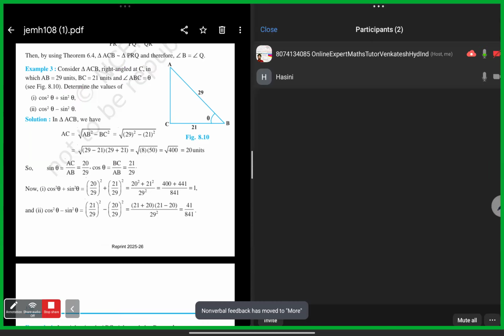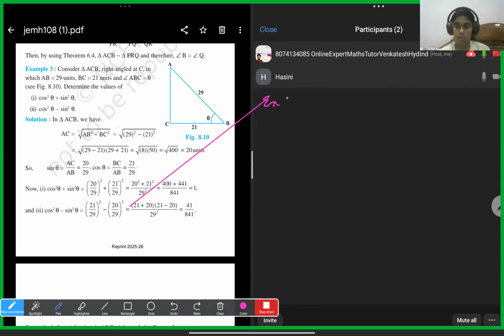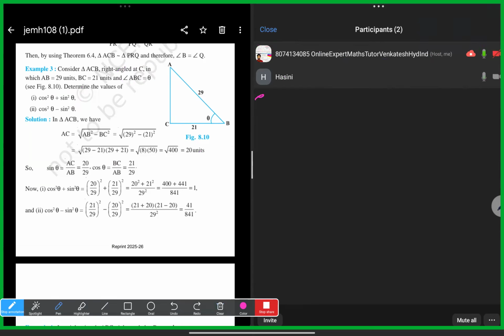Otherwise I'll do it. I'm deleting it. So example 3: we got this as 20, Hasni, by Pythagoras rule.